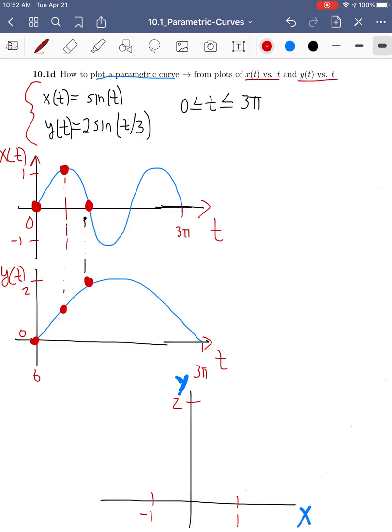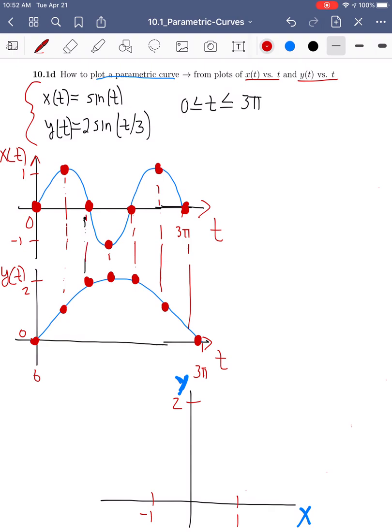So the big idea is that I'm dividing my coordinate functions up into individual points, making sure that all of our t values are associated with the same t in both x and y.